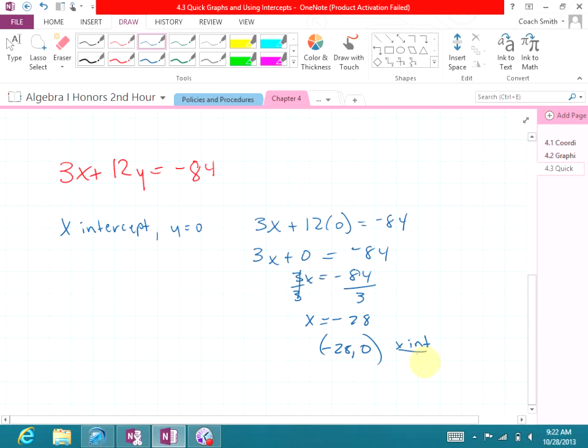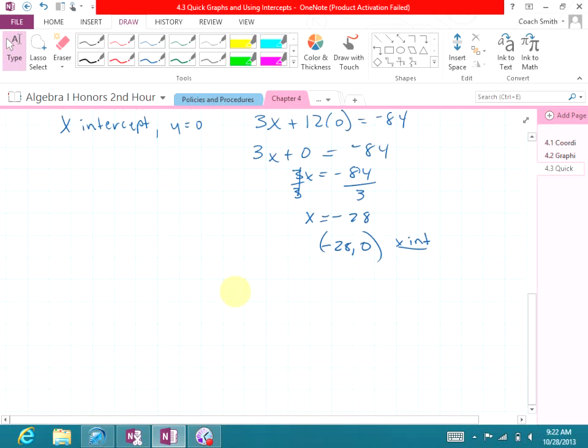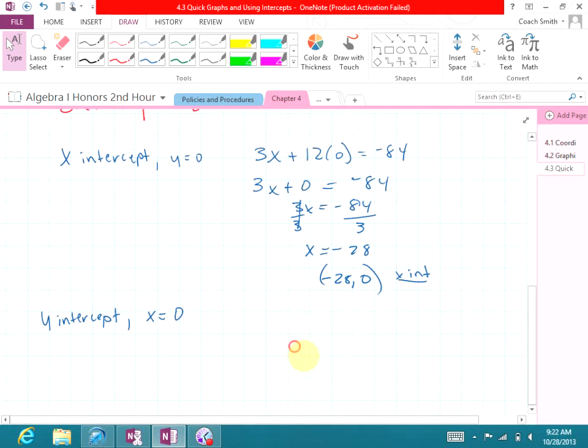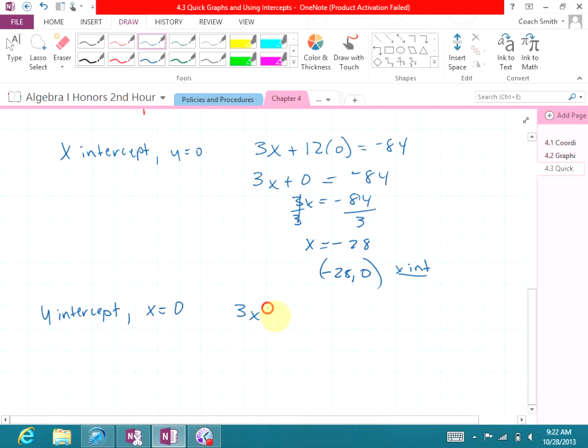The y-intercept, where you have x equal to 0. My original equation was 3x plus 12y equal negative 84.